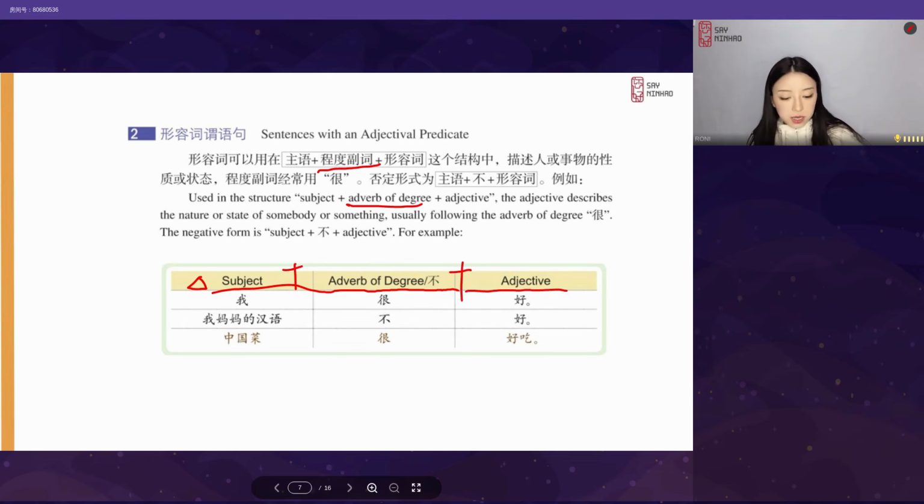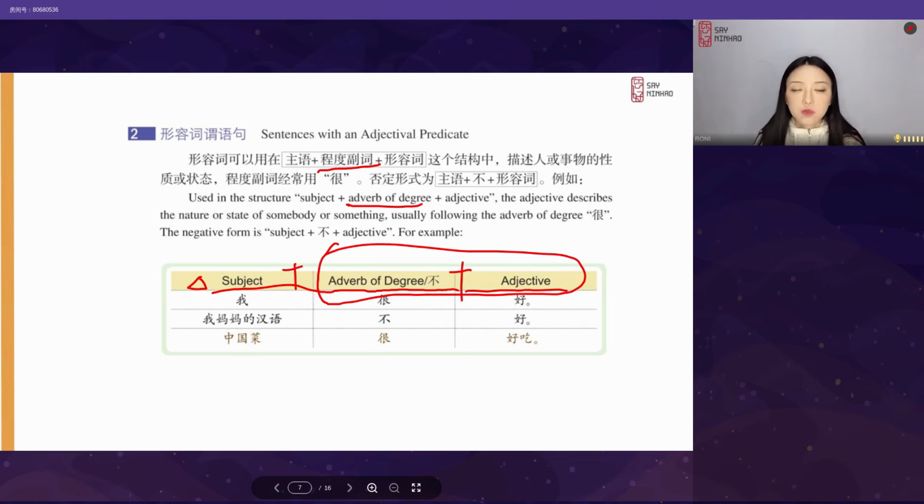In this situation, this part is the predicate of the sentence without a verb. Now let's see the example. The first example is 我很好, I'm very good. In English, there is an 'am' between I and very good, but in Chinese, we say 我很好. There's nothing in between 我 and 很好, right? 我很好.